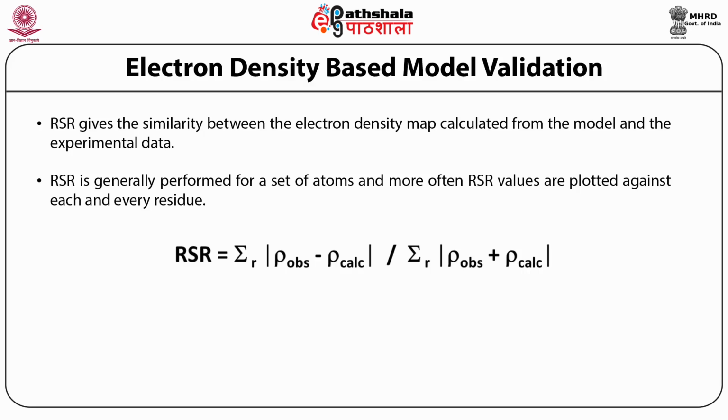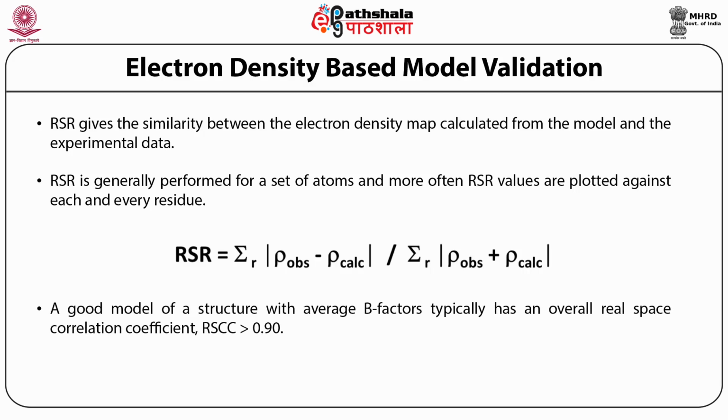Uppsala EDS is an electron density server that provides web programs to calculate the RSR values and RSCC plots for amino acid residues and also for nucleic acids. A good model of a structure with average B factors typically has an overall real space correlation coefficient of more than 0.9.